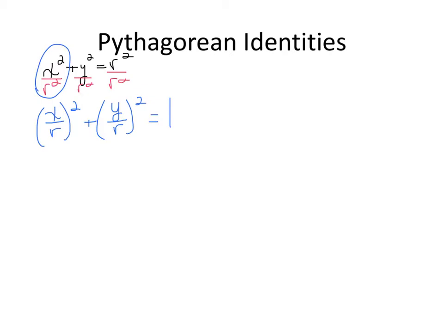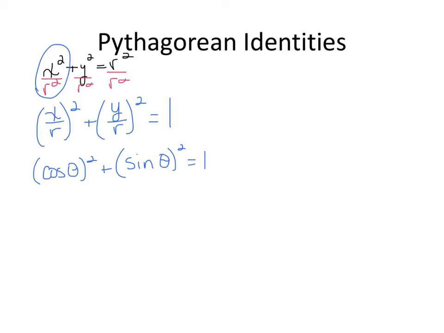Well, we know from the beginning of the chapter that x divided by r is really the cosine of theta. So this becomes the cosine of theta squared. Y over r is sine of theta. So we get sine of theta squared is equal to 1. This is not the notation that we use.